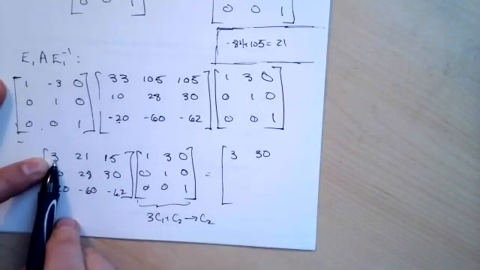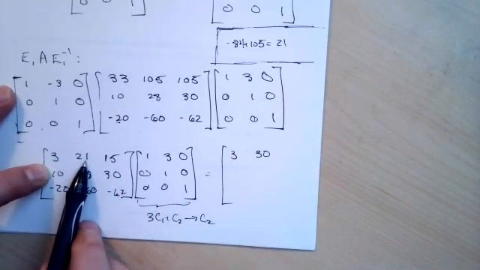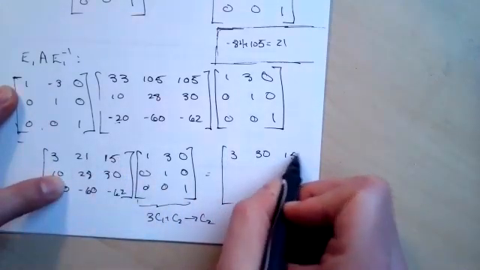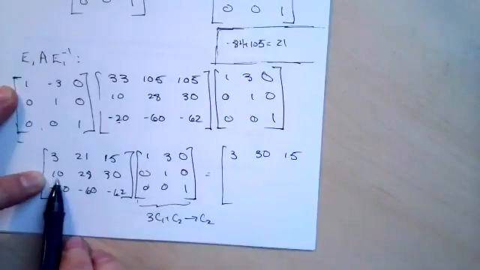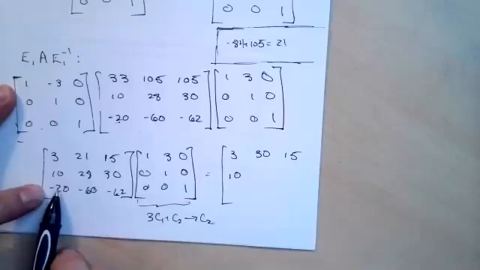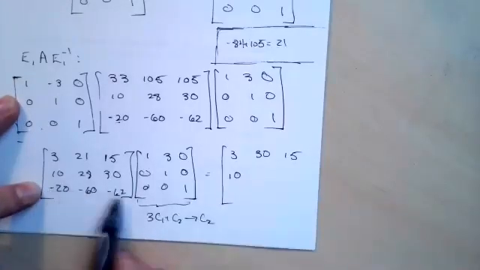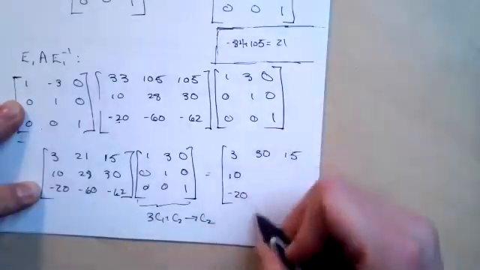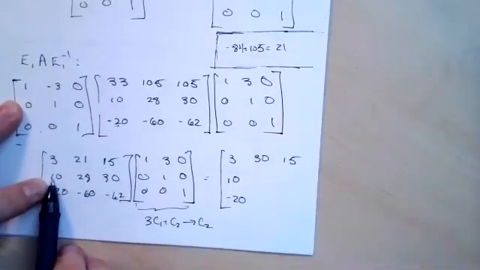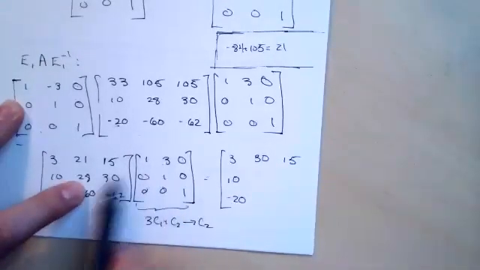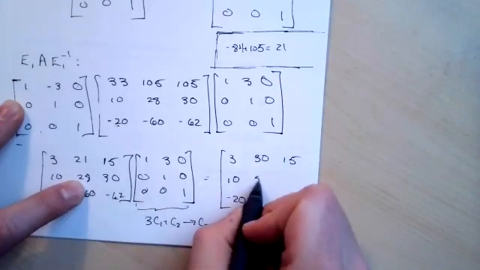So we added 3 times column 1 to that guy. And then the last column, it looks like we will have our 15. Now we'll have to go through this again. So this entry will be a 10. If we look at our last entry, bottom row, first column, negative 20. We expect this middle column to be the one that's affected. So when I have middle row, middle column that we're multiplying, 10 times 3 gives us 30, plus 28 will give us 58.